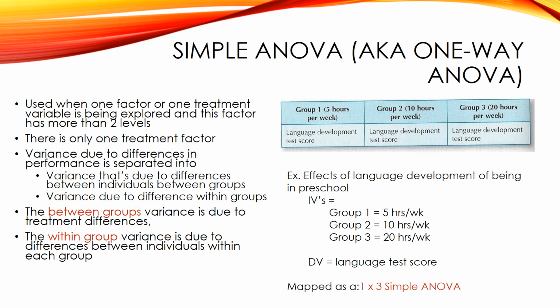And many times that's really what we're interested in, is how the groups differ between each other, not within just group 1, or just group 2, or just group 3. And this one would be mapped as a 1 by 3 simple ANOVA, or one-way ANOVA.